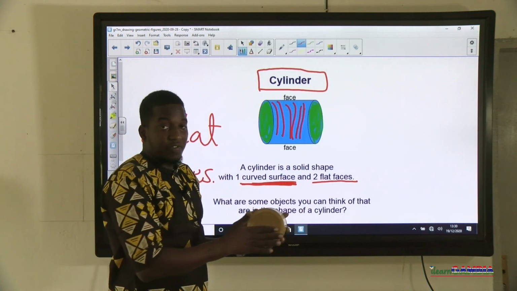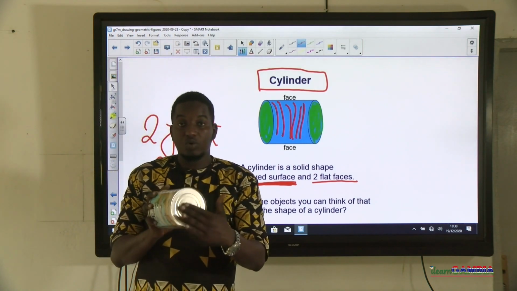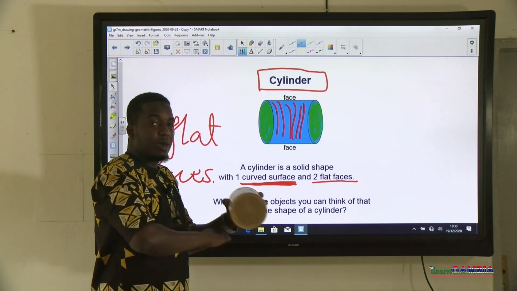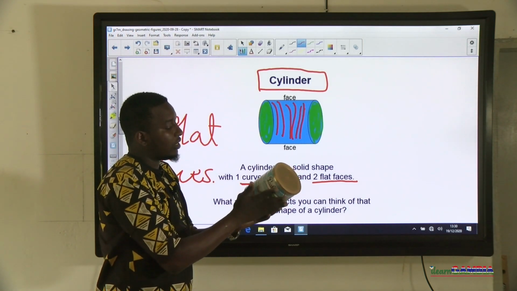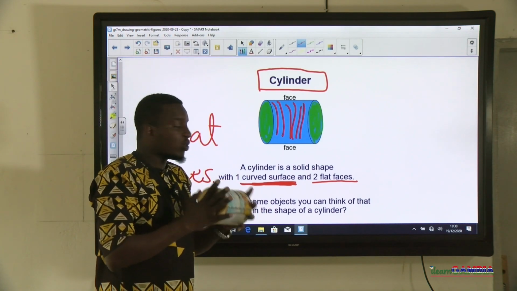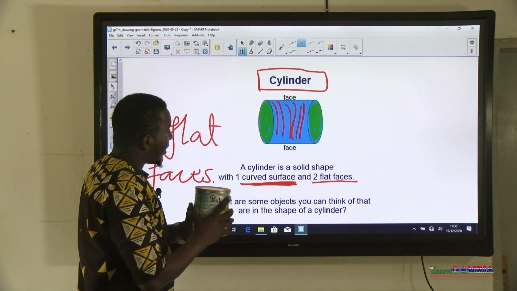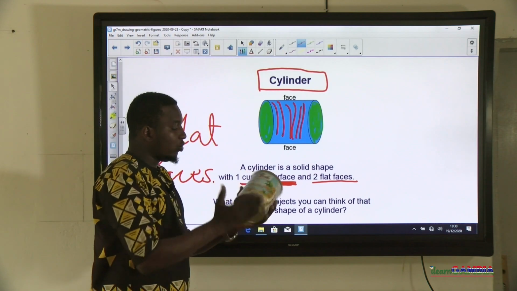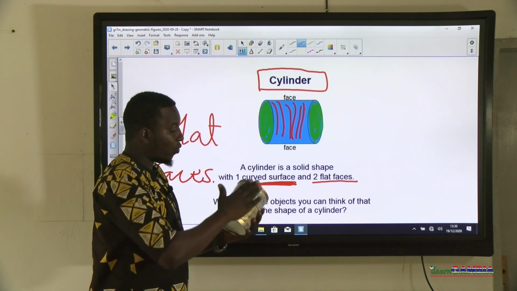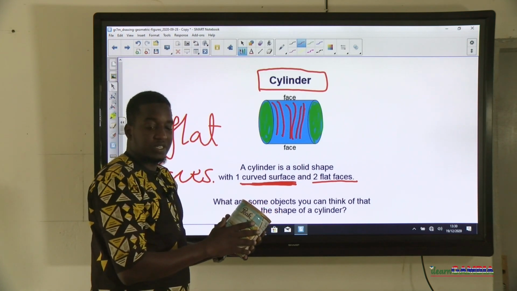This face is flat, and this other face is also flat, and it has one curved surface. The surface here is just one, and it is curved, and they are all joined together. So that is what we refer to as a cylinder. It has two flat faces and one curved surface.